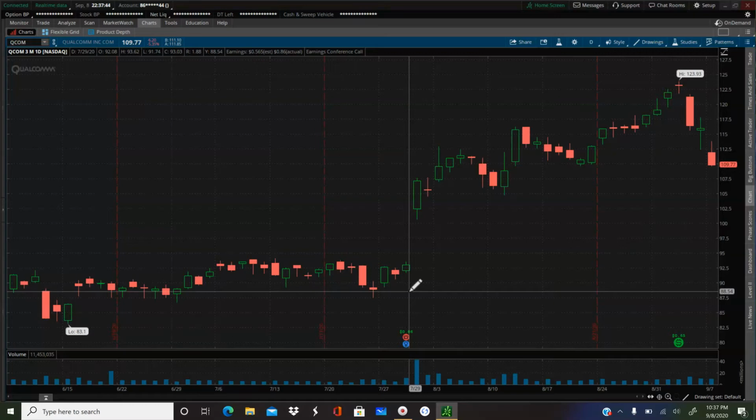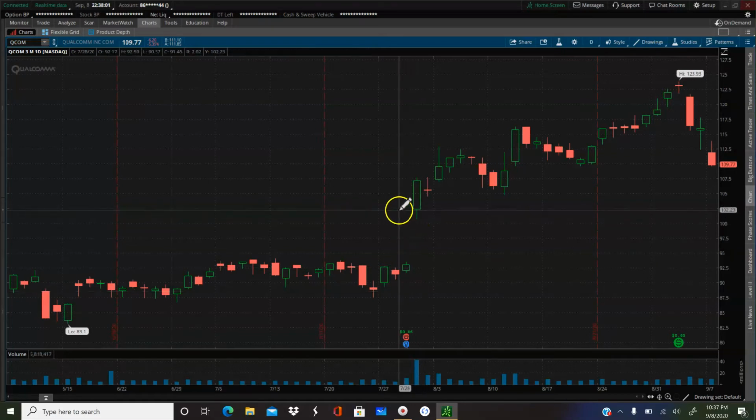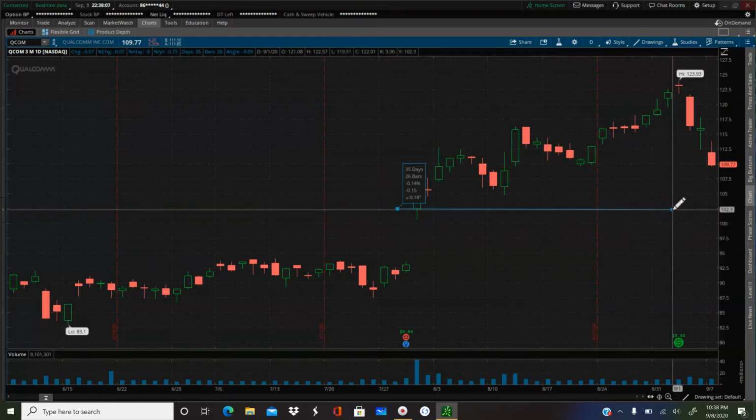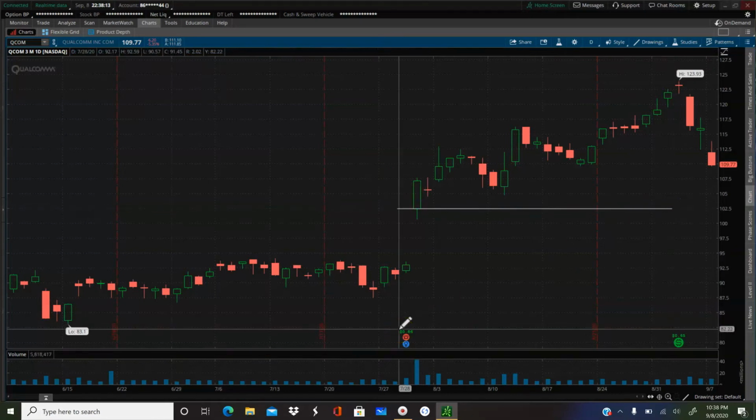Here's what I want to suggest to you. Again, this is for people that swing trade and don't necessarily know how to read charts. When you jump into Qualcomm, set this candlestick as your support. So this level will also be your stop loss.